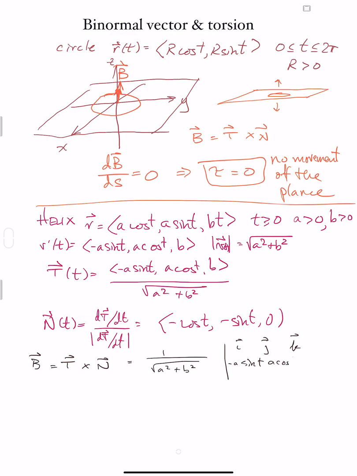Let me just jot this down, and then a, b minus cosine, minus sine and 0. Okay, so once you clean all that up, you find out that this binormal vector is going to be the three components, b sine t, minus b cosine t, and a at the end here, with the denominator of the speed, the root of a squared plus b squared.